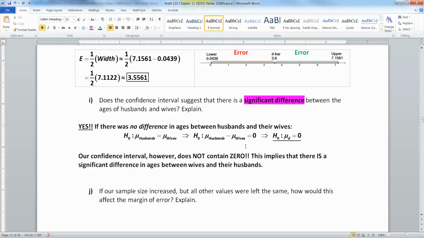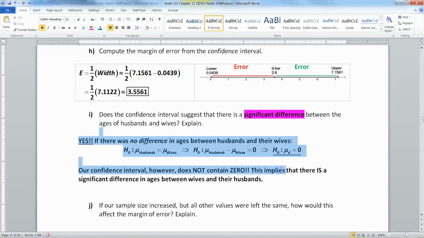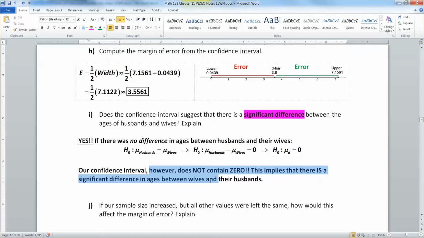Okay. Again, the null hypothesis value is 0 because that would assume that there's no difference in the age. So if 0 was in the interval, then you'd say, yeah, there seems to be no difference in their age. But since 0 is not in the interval, that implies that there is a significant difference. In other words, you would reject H naught.